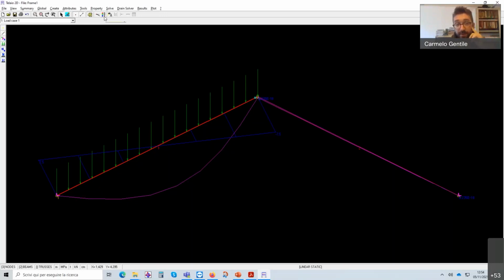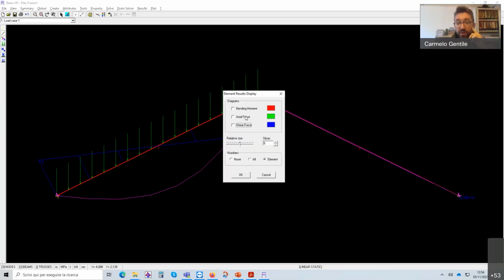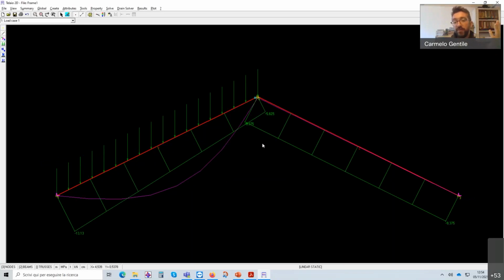Then, if we see the axial force, we find something like that. We find that for the first time during this course, we have an axial force in this element because there is a part of the load that is applied in the longitudinal direction in this way and in the other way.